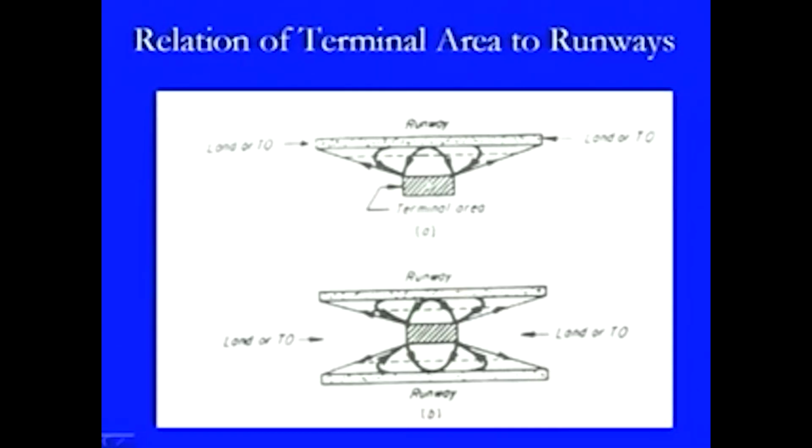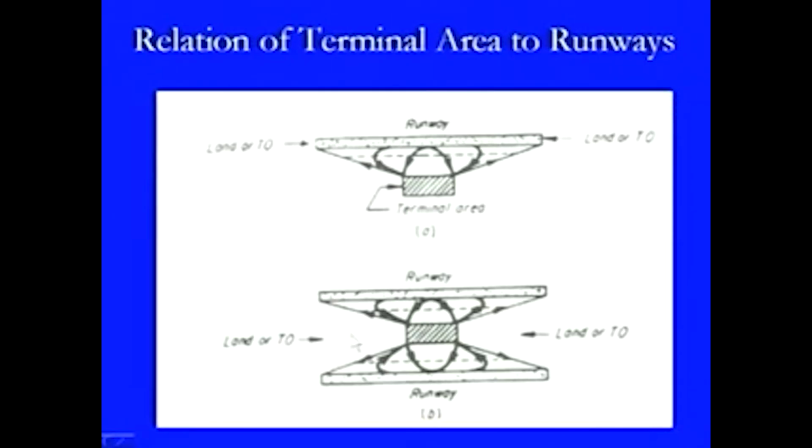Here the terminal area is located centrally with respect to this runway strip, with multiple connectivities provided from this terminal area to the runway strip in terms of the exit taxiways as well as the parallel taxiway as shown by the dotted line. This is a case of a parallel runway system where the terminal building is located in the center of these two runway strips, as we can see here.